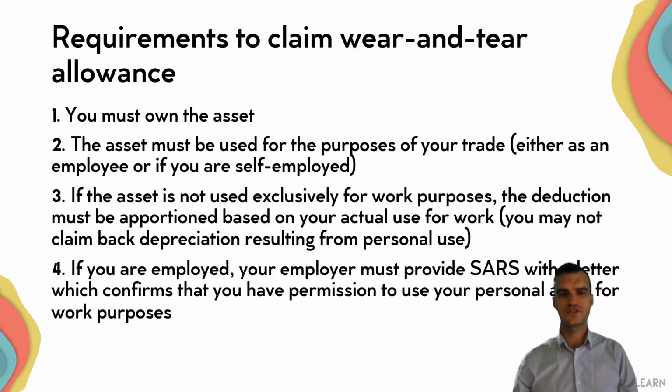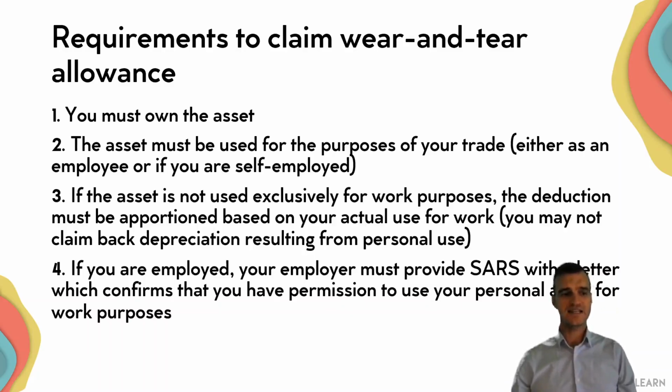So the requirements to claim a wear and tear allowance for tax purposes are that you must firstly own the asset. Secondly, the asset must be used for purposes of carrying on a trade, and that can be either as an employee or if you are self-employed, or both.